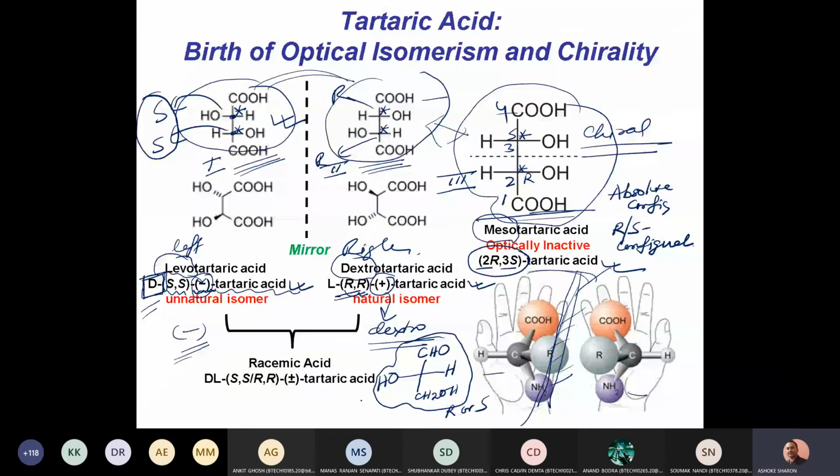Okay, I agree. S is correct. So capital S is correct. Now if I say R, it is not correct.